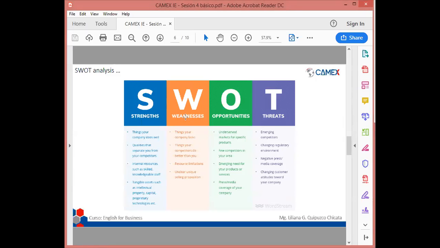With weaknesses, it means to correct those weaknesses and find a solution. With opportunities, it would be to take advantage of the opportunities that are given. And in the case of threats, it would be to find a way to avoid the potential threat.